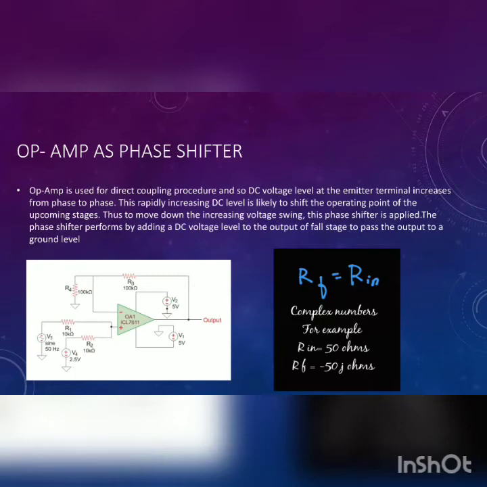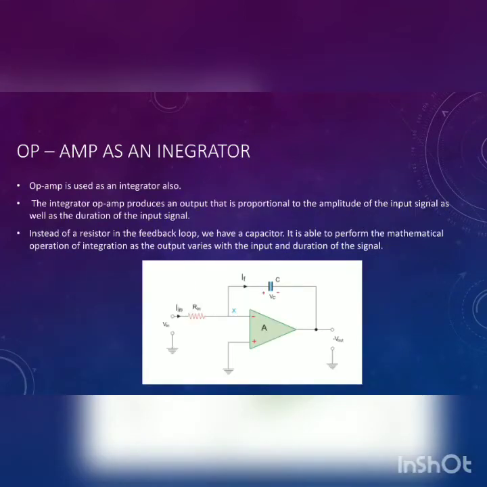By this, they will be equal in magnitude, but they differ by phase. Thus, we can achieve the operation of phase shifting by using an op-amp. Phase shifting happens when we do this, apart from the 180-degree phase shifting that happens in an inverting amplifier.